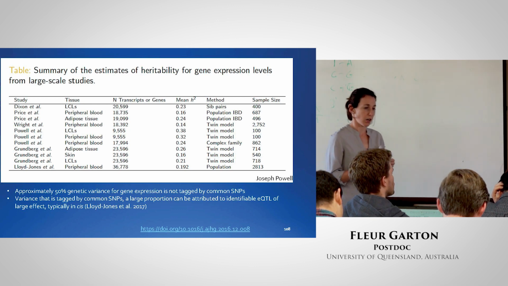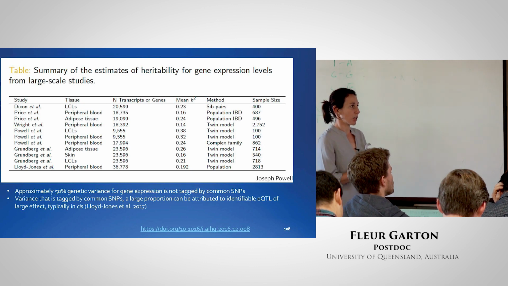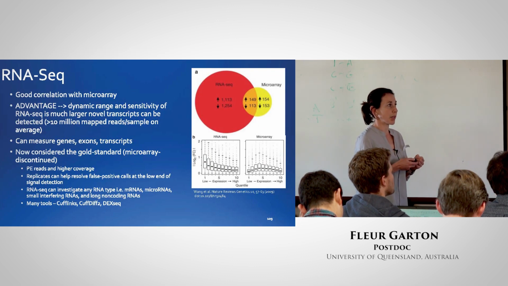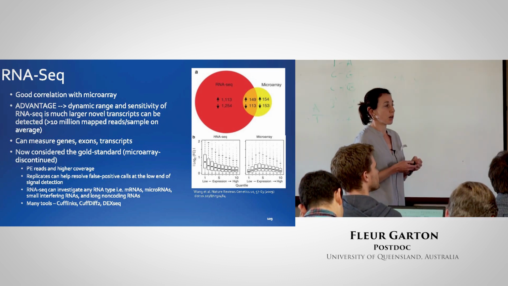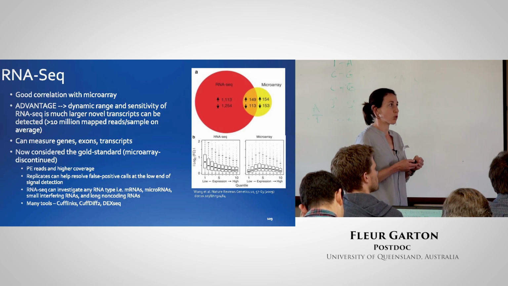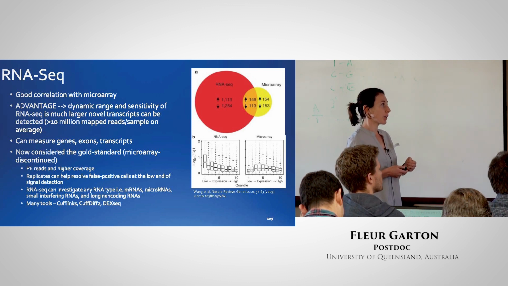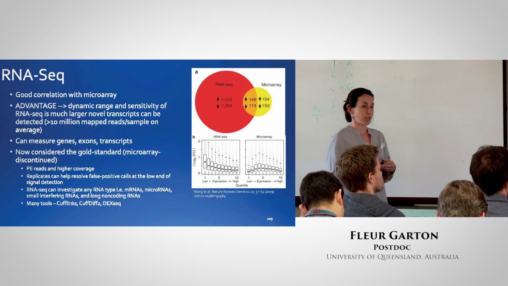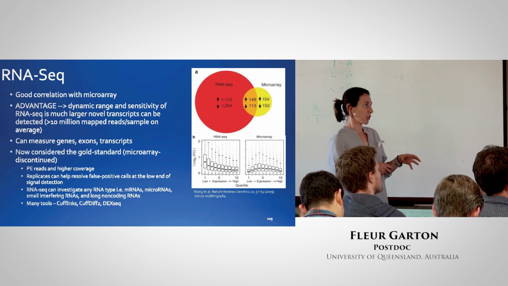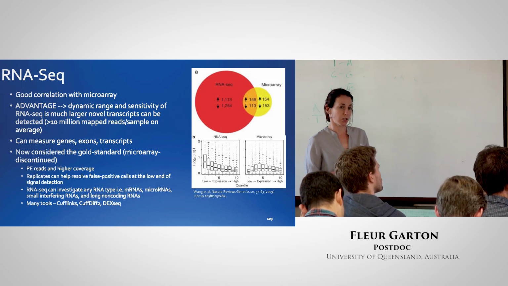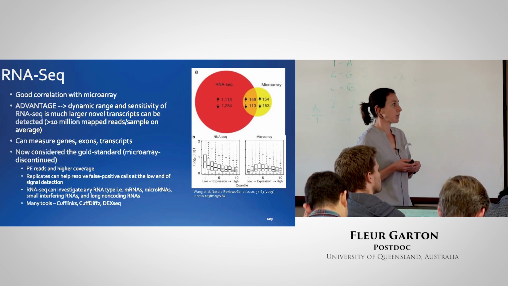Okay, so RNA-seq. Here's a picture of the overlap between microarray and RNA-seq. The overlap is actually pretty good. However, it's pretty obvious that RNA-seq is picking up a lot more transcripts compared to microarray. So the dynamic range and sensitivity of an RNA-seq approach is much larger, and you can detect a lot of novel transcripts.